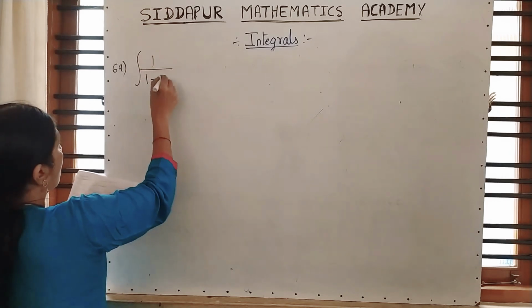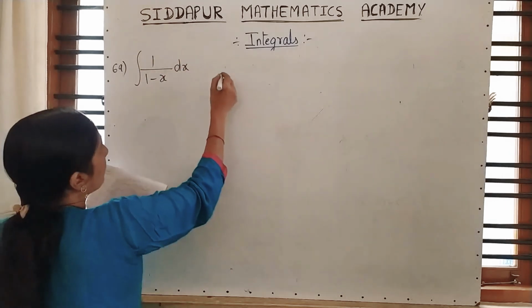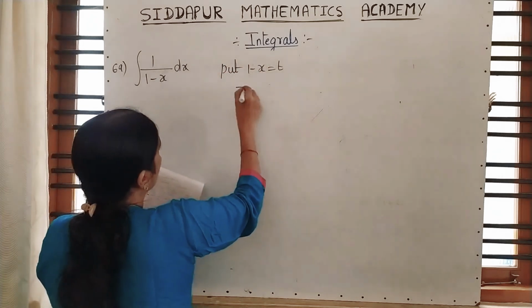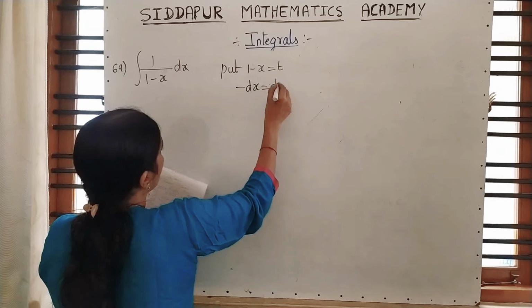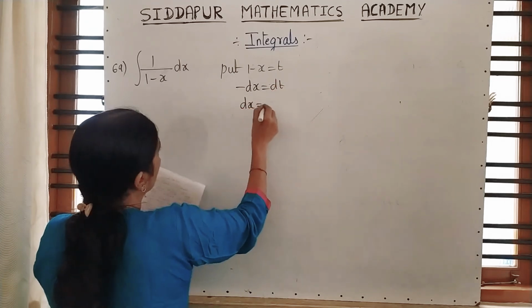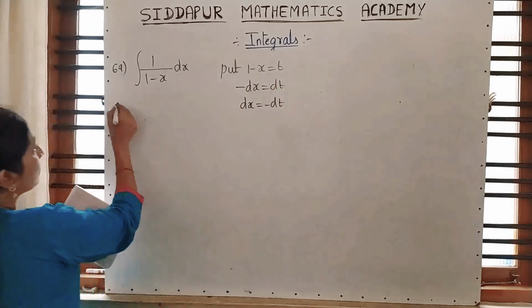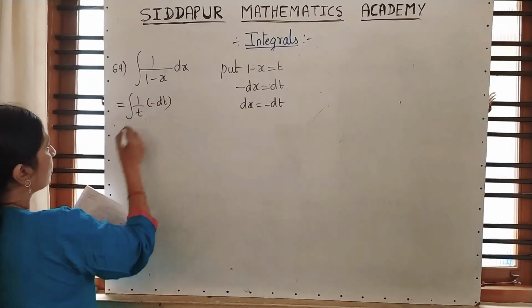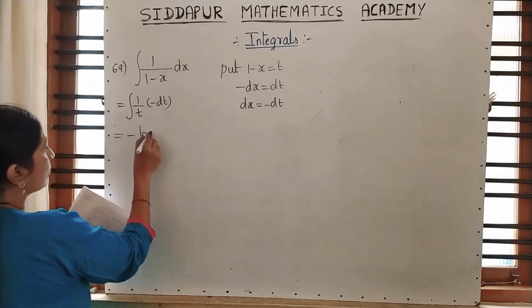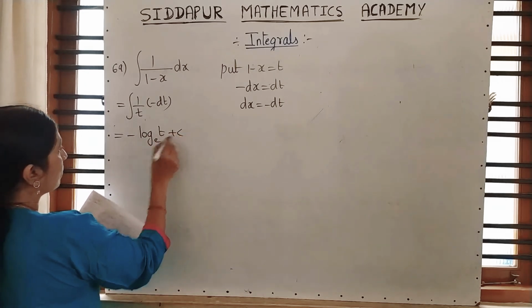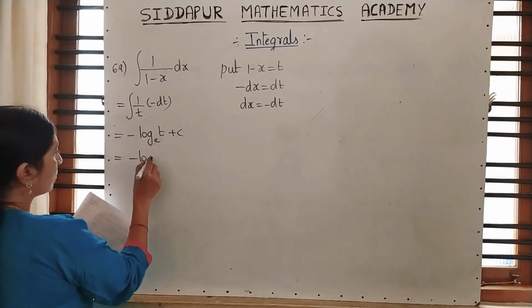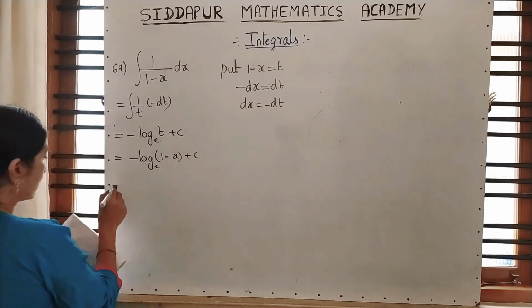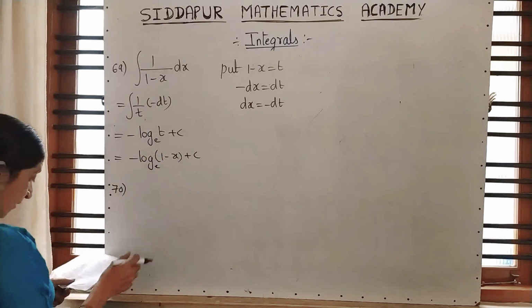One upon 1 minus x. Same as usual, previous.